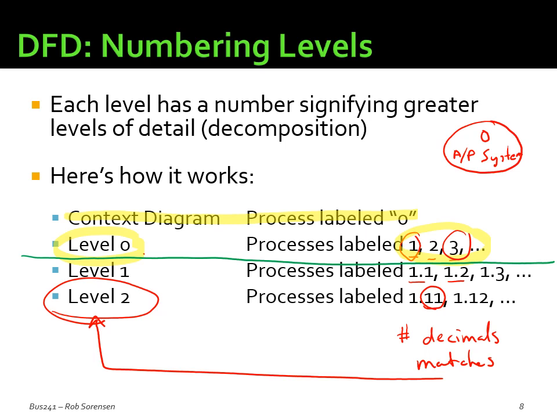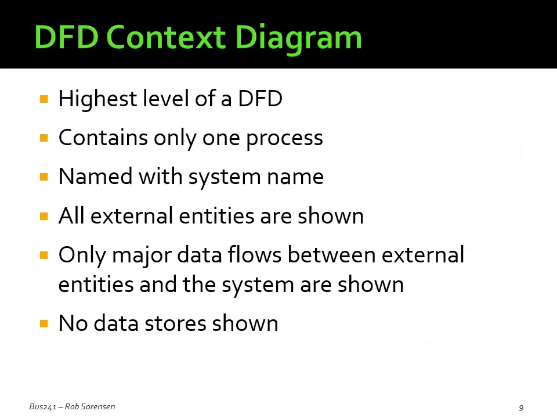All right. Let's have a look at that context diagram then and see if we can figure one of these out. It's the highest level of a data flow diagram. It has only one process, and in this case, the process is not a verb followed by an object. It's actually the name of the system. So that's the one exception. So it's named with the system name. Okay, so that's a little bit different.